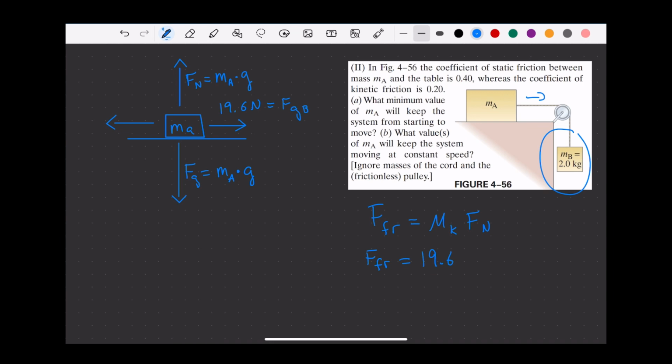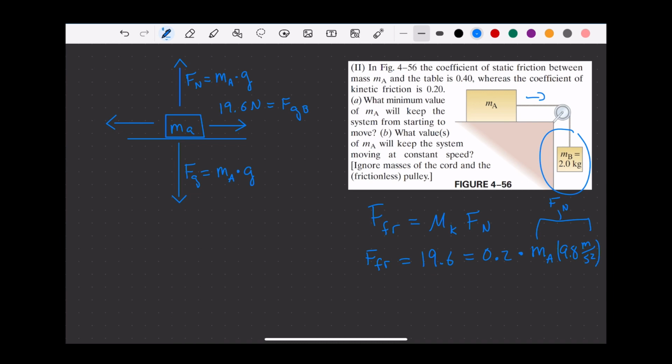So if that's true, then 19.6 must be equal to our coefficient of kinetic friction, which is 0.2, times our normal force, which now is just in terms of our new mass A times 9.8 meters per second squared. All right, so this is just normal force, okay, guys? That's mass times acceleration.